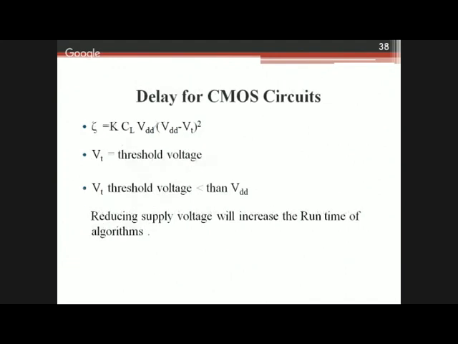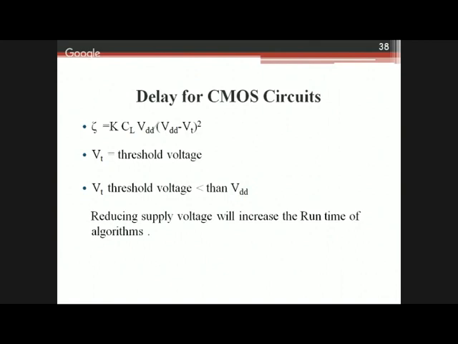But if I reduce the power by reducing the supply voltage, as you see, this is the delay formulation. C_L is the load capacitance, V_DD is the supply voltage, and V_T is the threshold voltage, the minimum voltage required to turn your CMOS on.